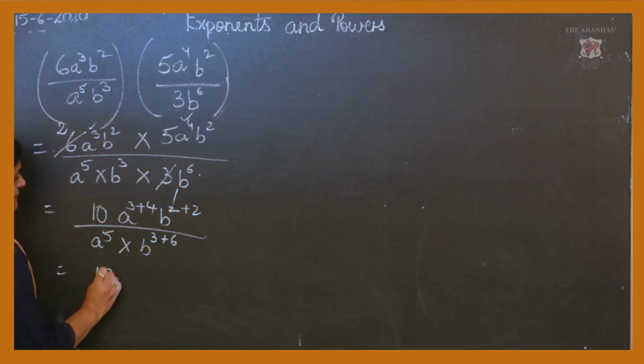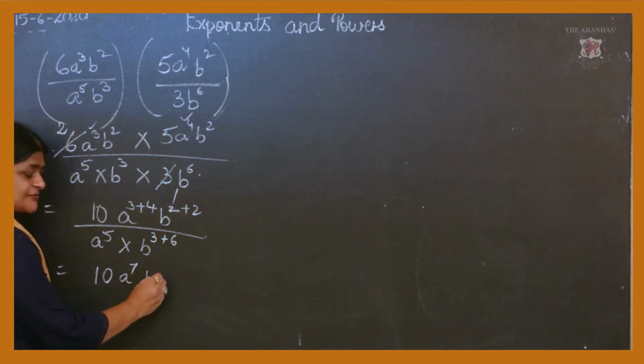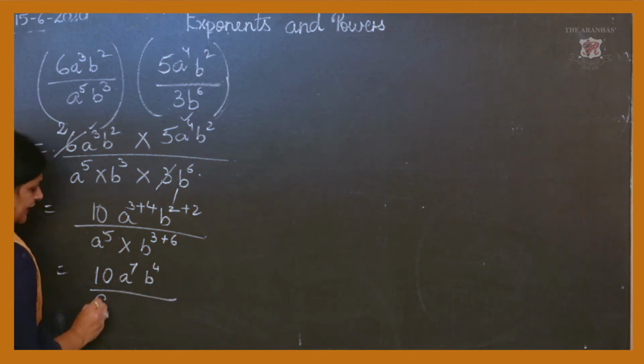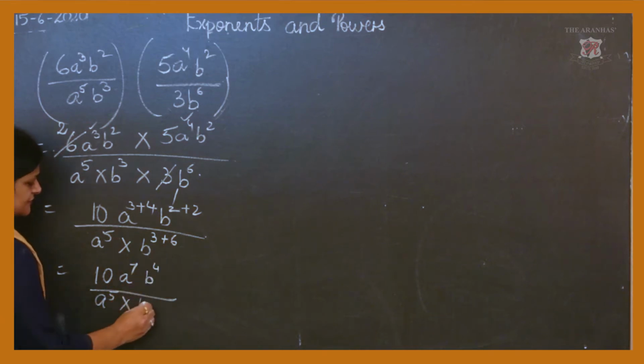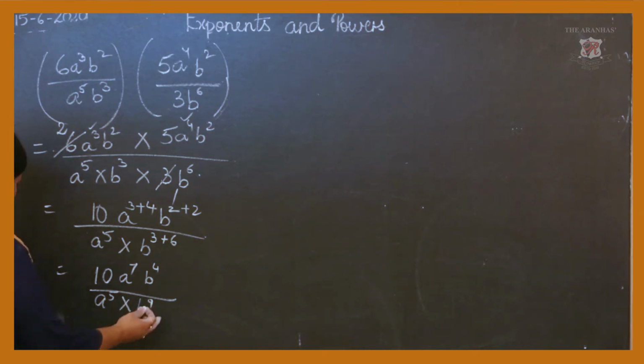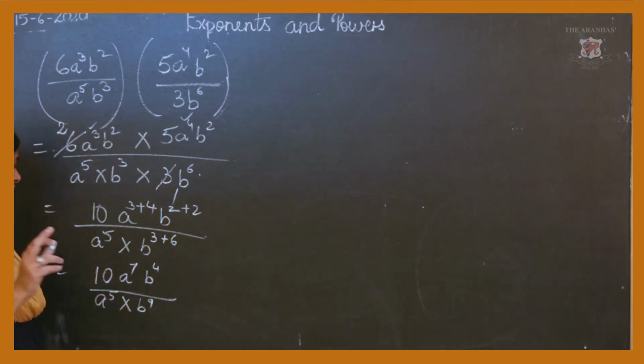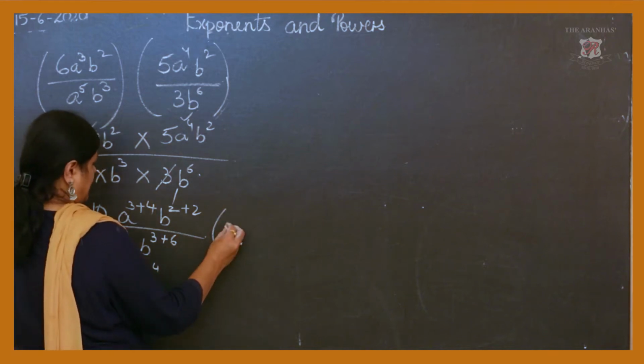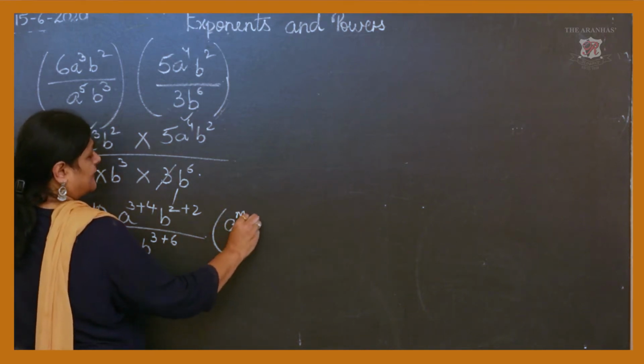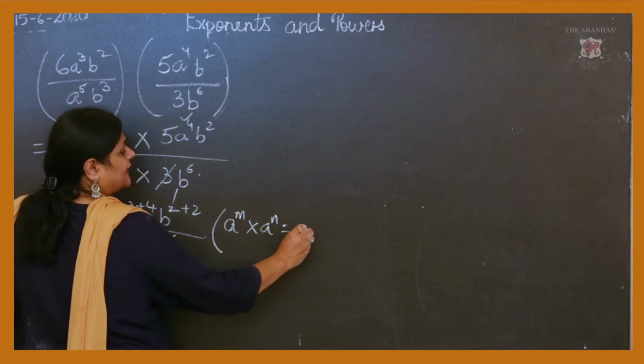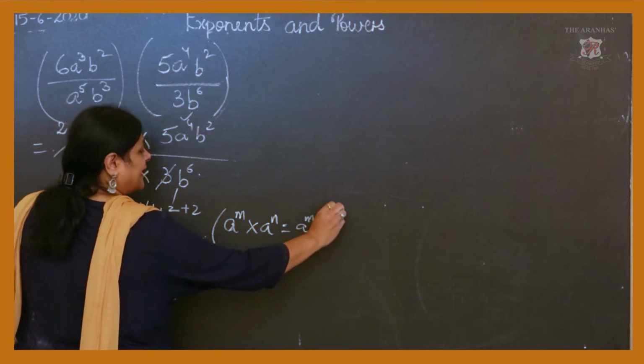You get 10 a to the power of 7 b to the power of 4 upon a to the power of 5 into b to the power of 9. Okay. So now over here, I have told you all that a raised to m into a raised to n is equal to a raised to m plus n.